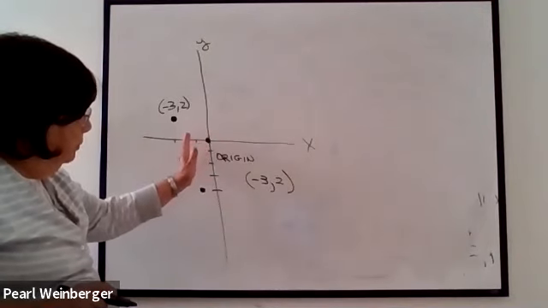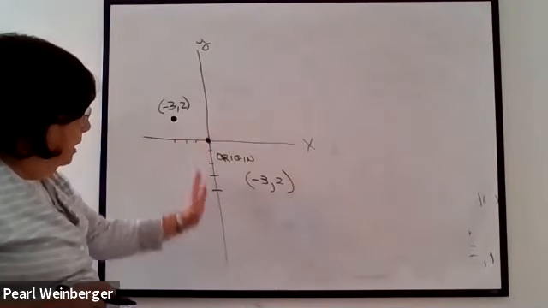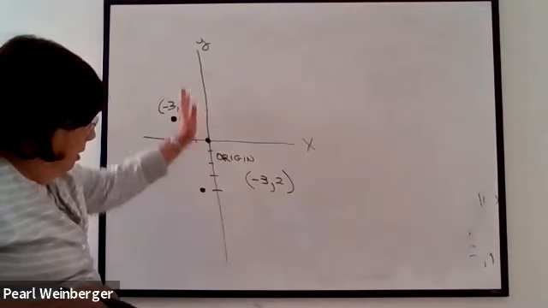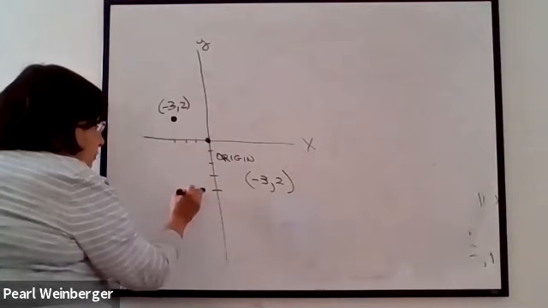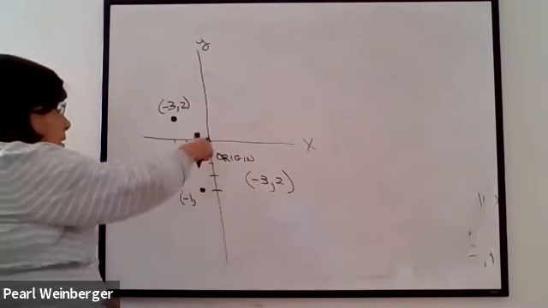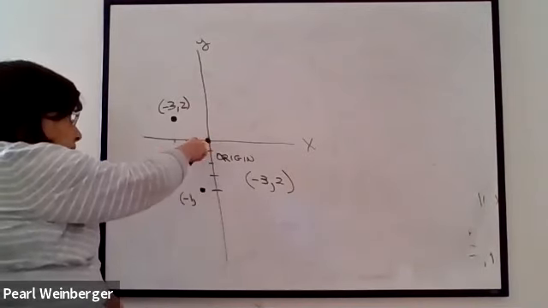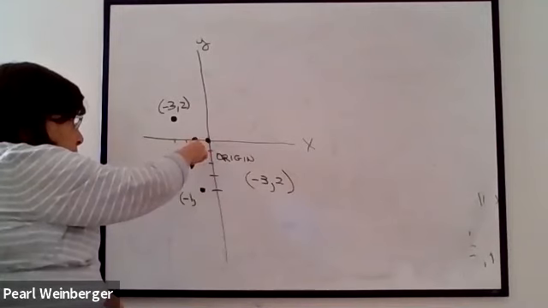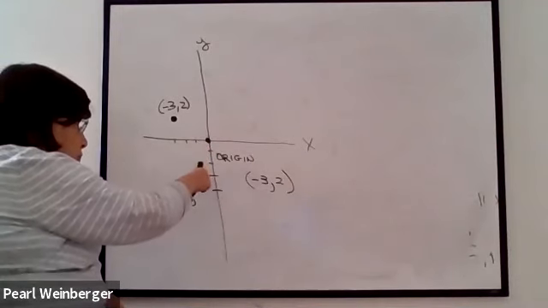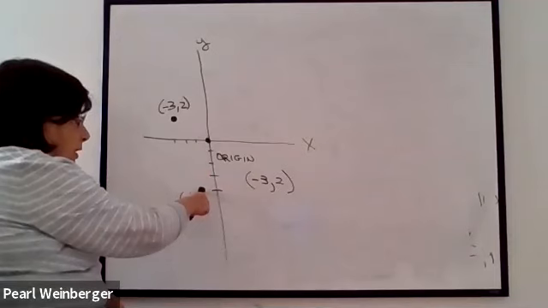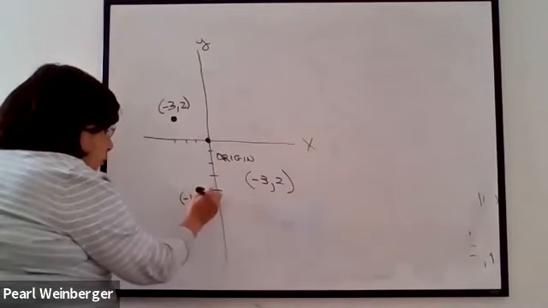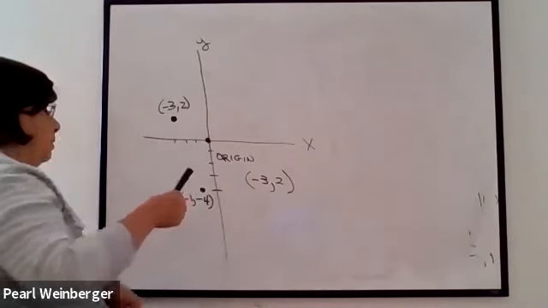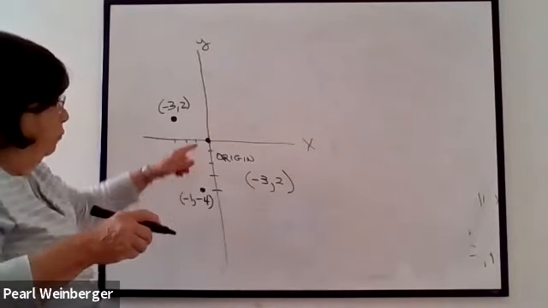And if you notice, I have to go 1 unit to the left to get over here. So the x coordinate is -1. I also have to go, aside from going left 1, I have to go down 1, 2, 3, 4 down, so that my y coordinate is -4. So this is the point -1, -4.